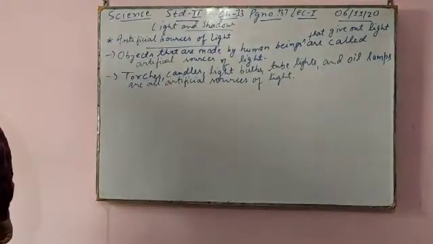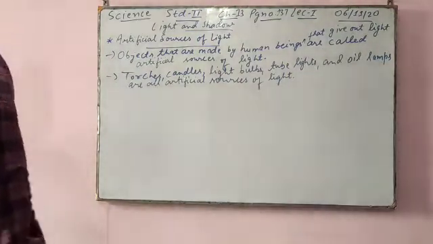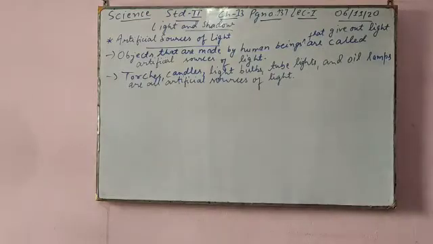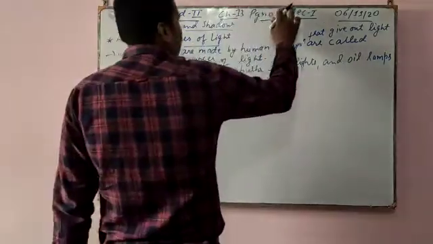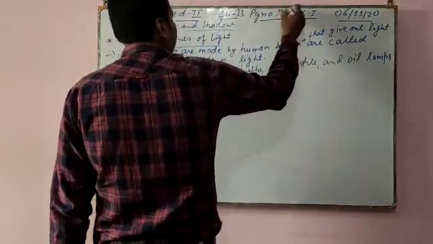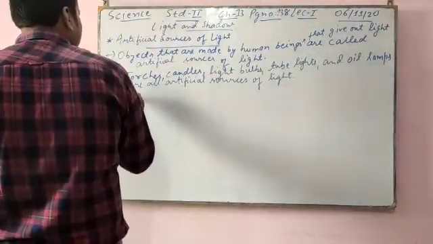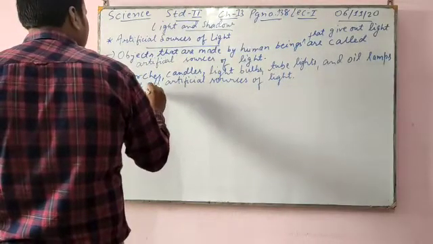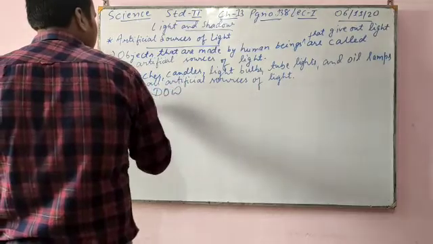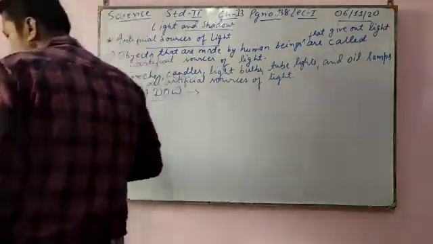Now we will move to page number 138, shadow. In this chapter we have to read about light and shadow. About light we have read, now we'll come to a new topic, that is shadow.